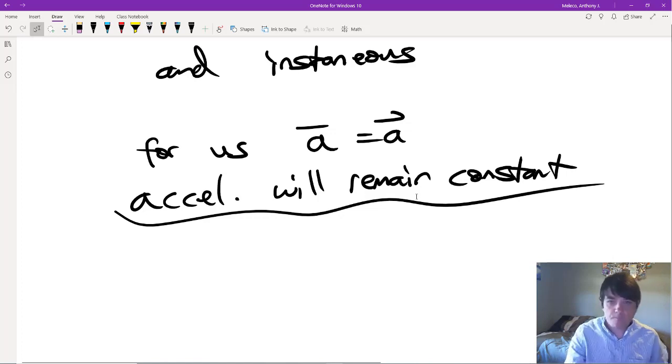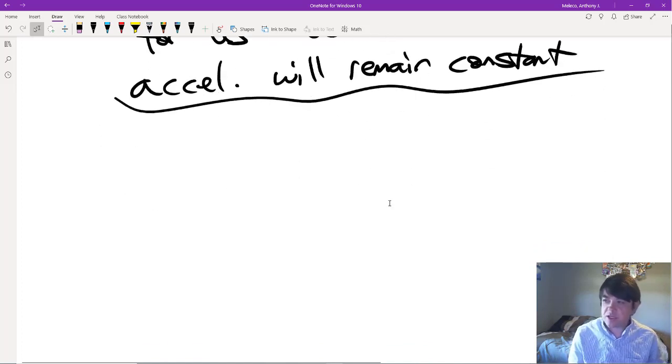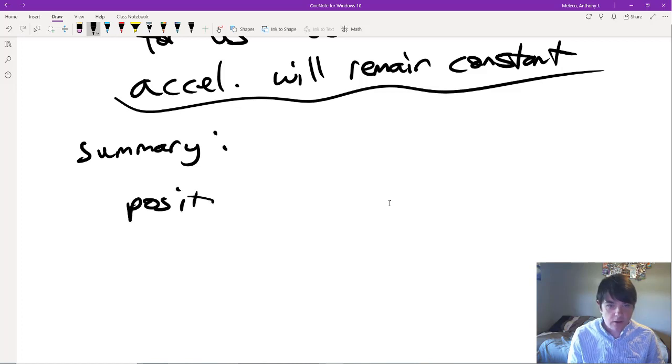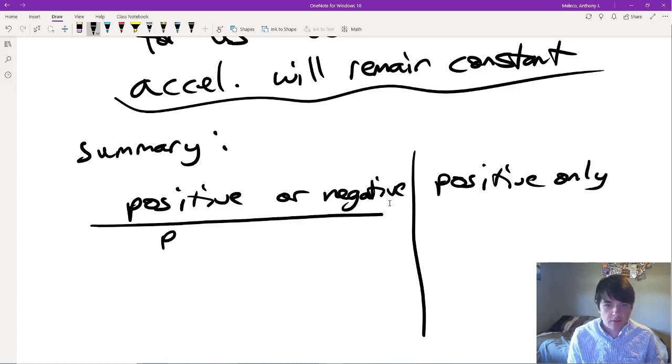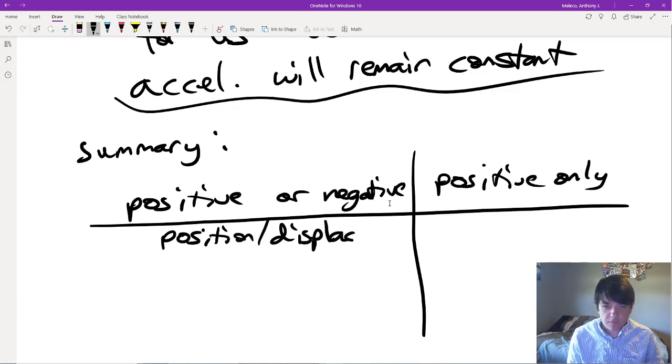Okay, so that's pretty much it for this lecture. Let's just do a summary. We talked about position, velocity and acceleration. Positive or negative on this part, and then positive only. We had position and displacement first.